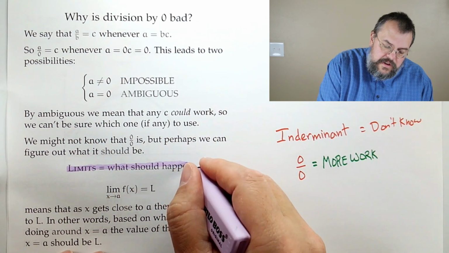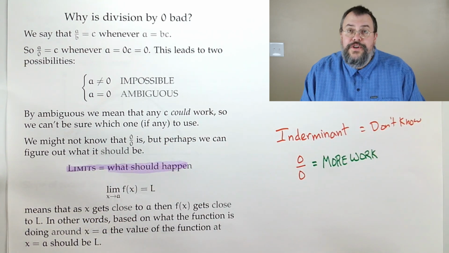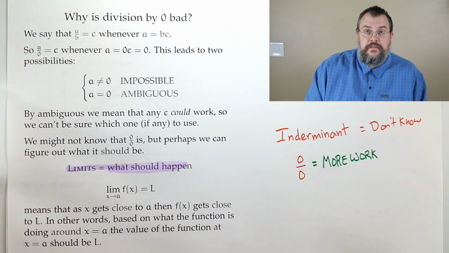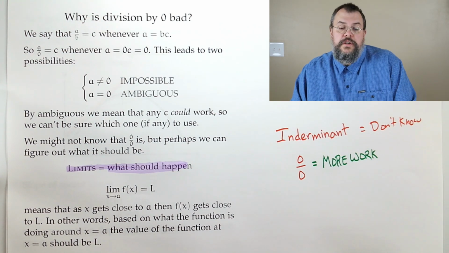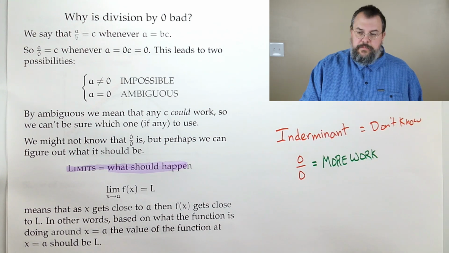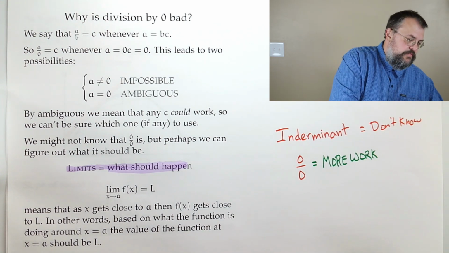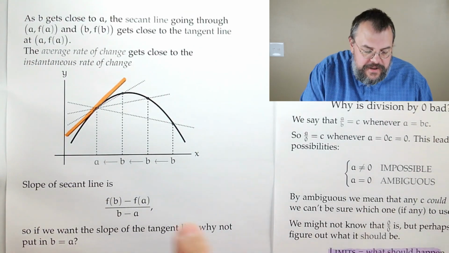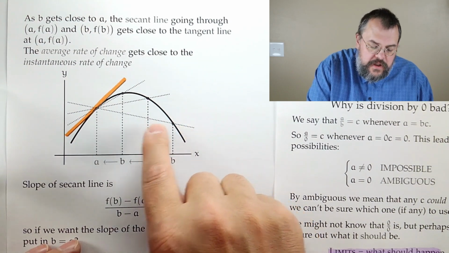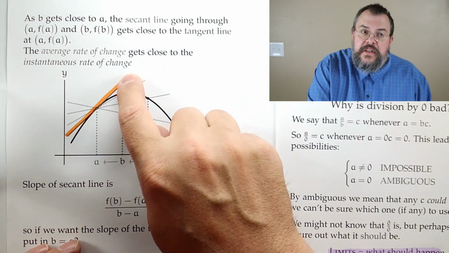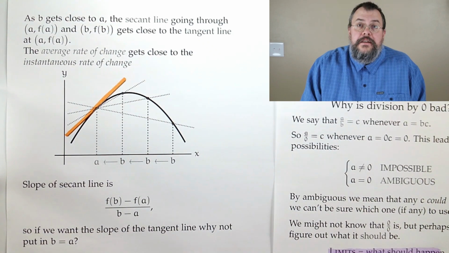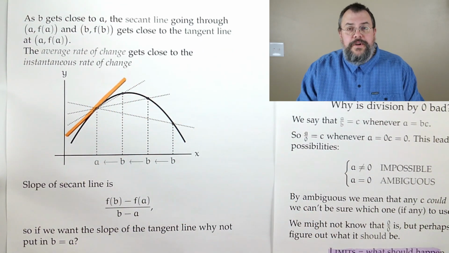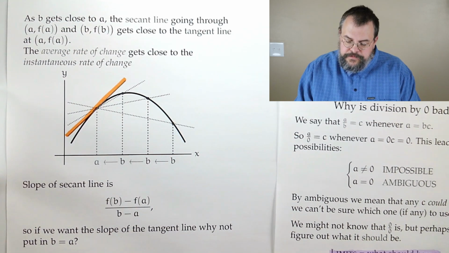Limits ask the question, what should happen? I don't know what 0 over 0 is, but what should it be? If we go back to this picture, there is some slope. This line is a line, and the real question is, what should that slope be? That's what we're trying to figure out.